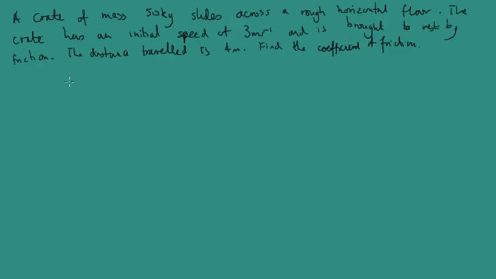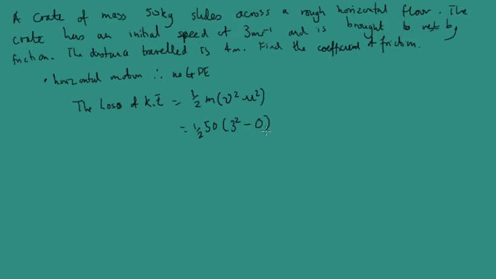So, the motion is horizontal. Therefore, no gravitational potential energy. So we're thinking about the loss of kinetic energy. So that's going to be half the mass times the change in velocity. So it's going to be half, the mass is 50 kilograms, and the change in velocity is 3 squared minus 0.